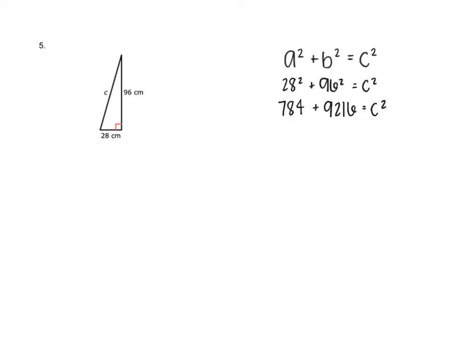All of that's equal to c squared. We're going to add those two values together, and we get 10,000. We then take the square root of both sides, and we're left with 100 equals c.